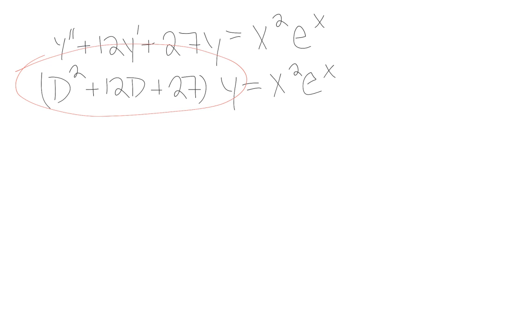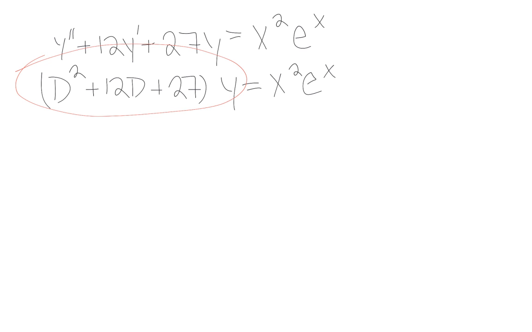And it might be possible, or in this case, it is possible, that there is a linear function in the differential operator d that can turn x squared times e to the x into 0, because x squared times e to the x is a function that I could take a linear combination of this function and its derivatives and get 0.